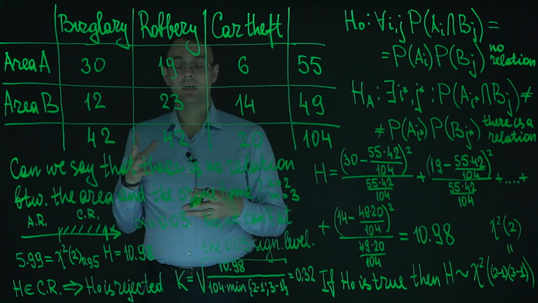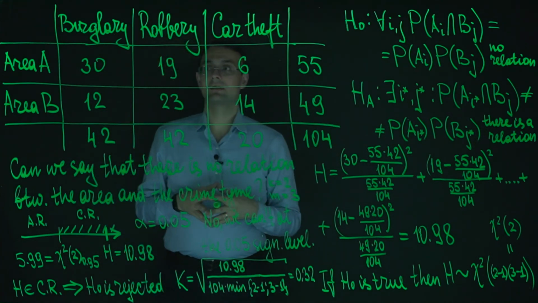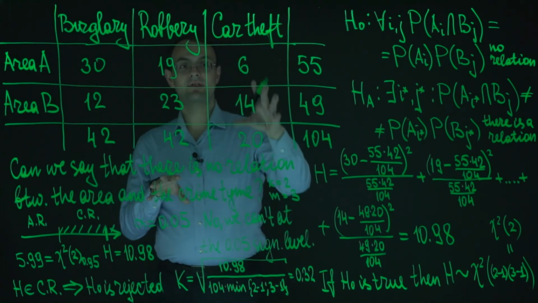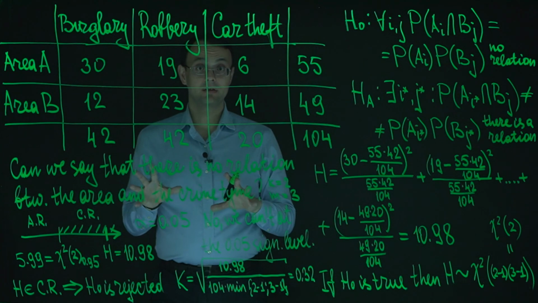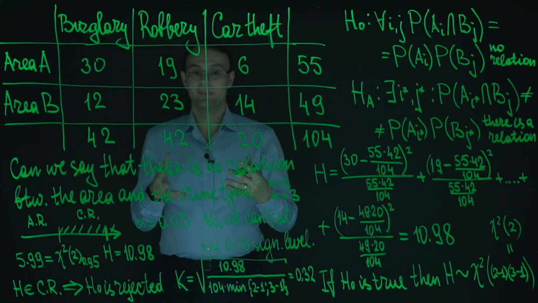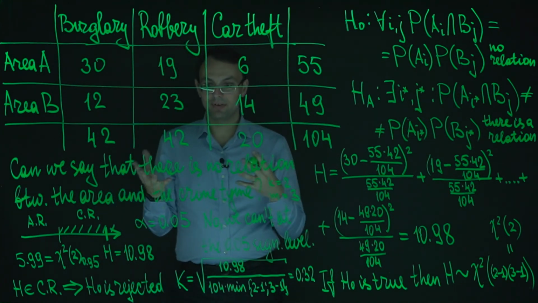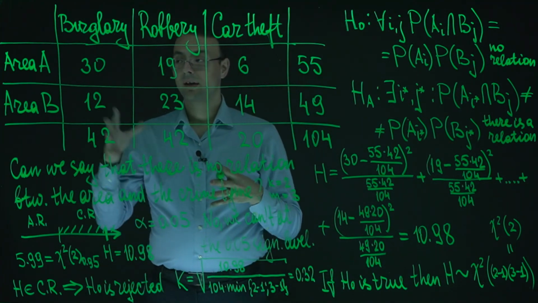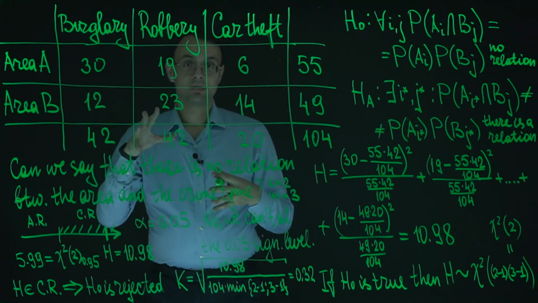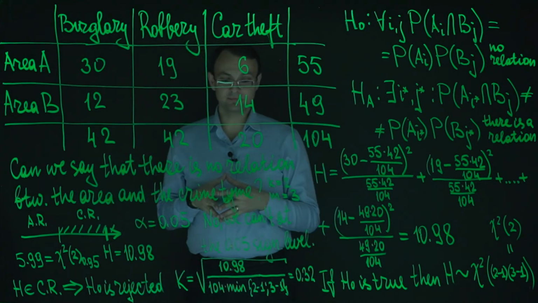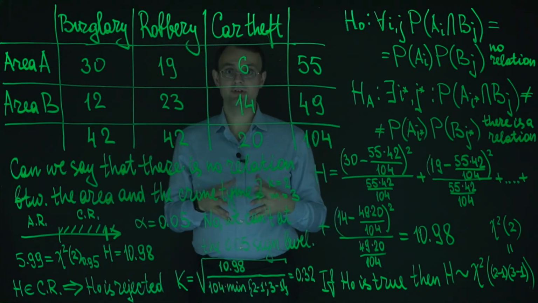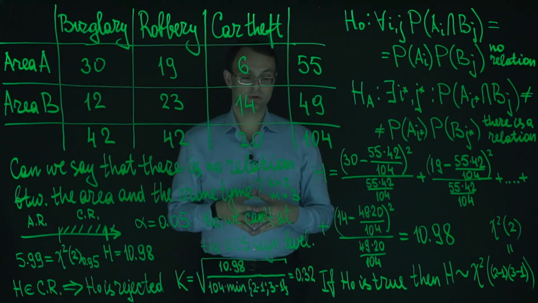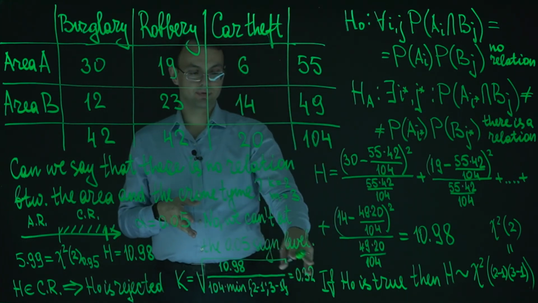So burglaries are more common in area A and car thefts are more common in area B. This is the relationship between the area and the crime type. And in numbers, this can be expressed with this coefficient. So we say that there is a relationship, but not a very strong one.